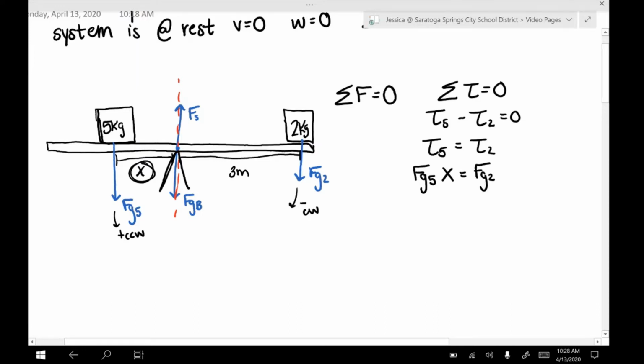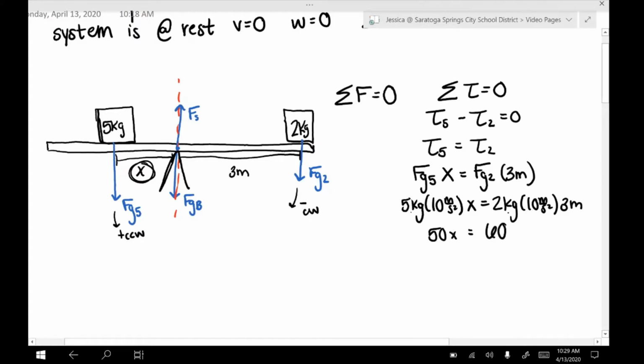So Fg2 times 3 meters. Remember, the force of gravity acting on an object is just its mass times the acceleration due to gravity, which I'm going to abbreviate as 10 to make the math easier. Fg2 would be 2 kilograms times 10 meters per second squared times 3 meters. So this gives me 50x on this side, and then 20 times 3, that gives me 60.